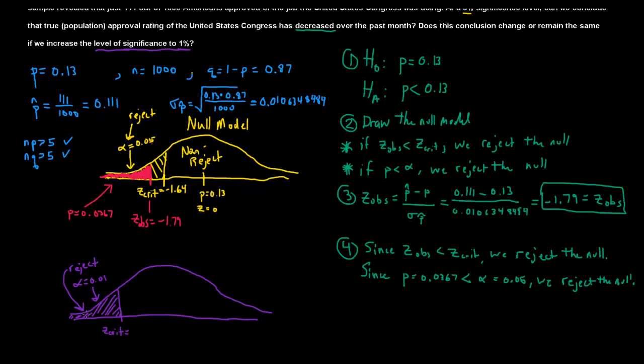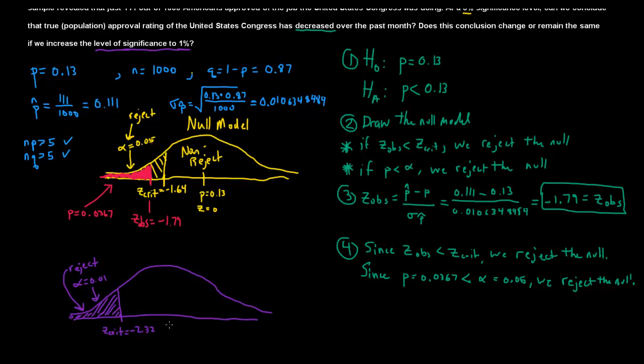I never remember these numbers, even though I use them all the time. Using your calculator or the z table, that z critical value is negative 2.32. So when we increase the level of significance, that changes our z value.